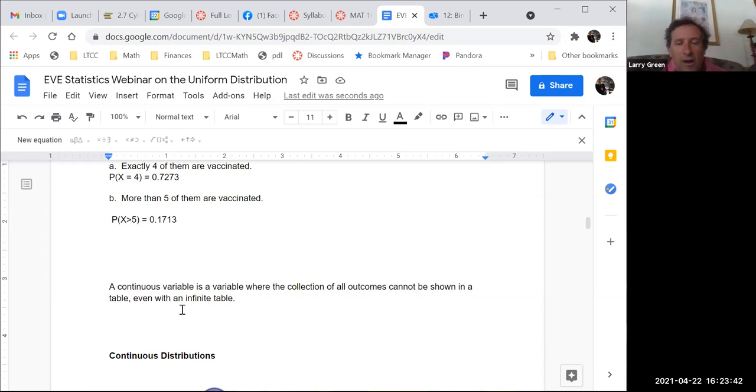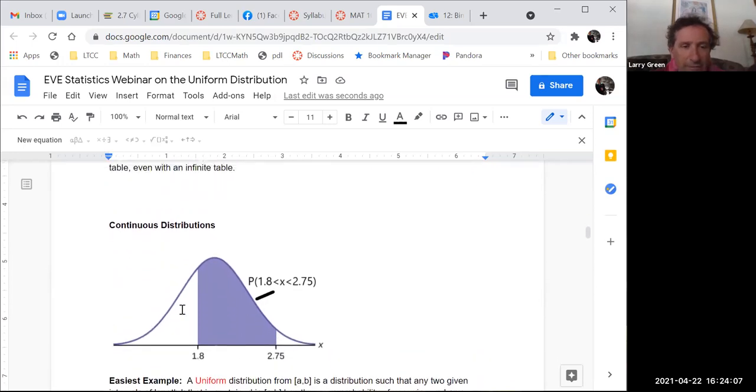Because you can have all real numbers on the number line, say from 0 to 20, that would be continuous because you can't just list all the possibilities. Because you can't draw a table, we have to think about different ways of representing probability. And the way we do it is with a graph.